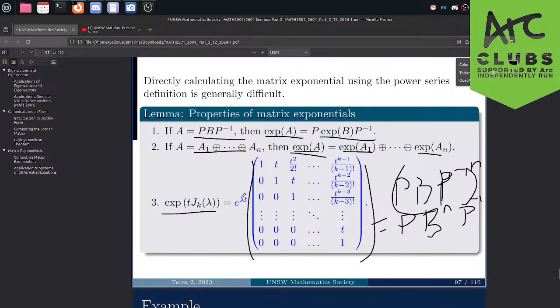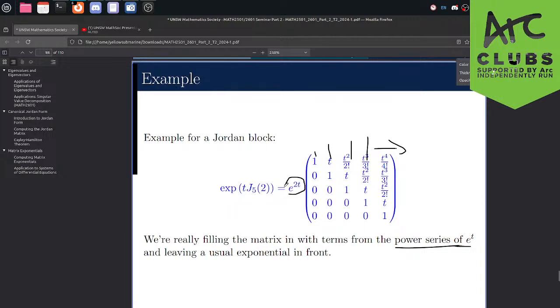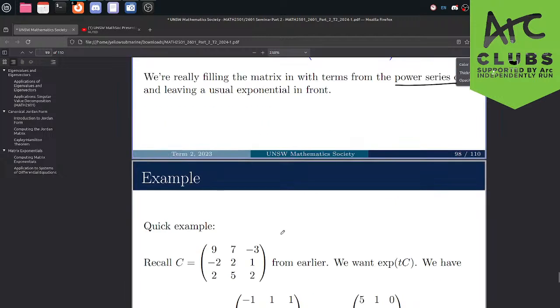You take e to the lambda t, where lambda is for the Jordan block, and then you write 1's, t's, and then t squared on 2 factorial, and so on, t cubed on 3 factorial along the superdiagonals. Basically, these are really just the power series terms of e, right? The power series terms are 1, t, t squared on 2 factorial, t cubed on 3 factorial, etc. You would have seen this in your first year. And don't forget to take out this e to the 2t.